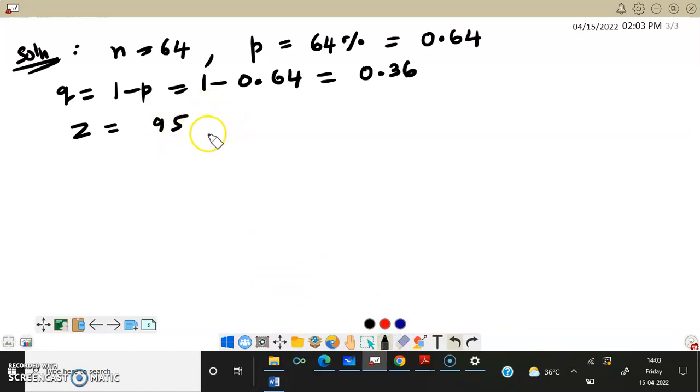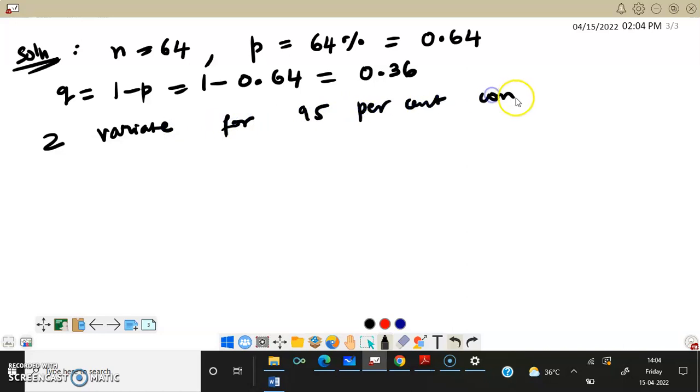So the Z variate, I have to write Z variate, standard variate Z. The standard variate Z for what is given? 95% confidence. This is from the table 1.96. So this is as per normal curve area table.